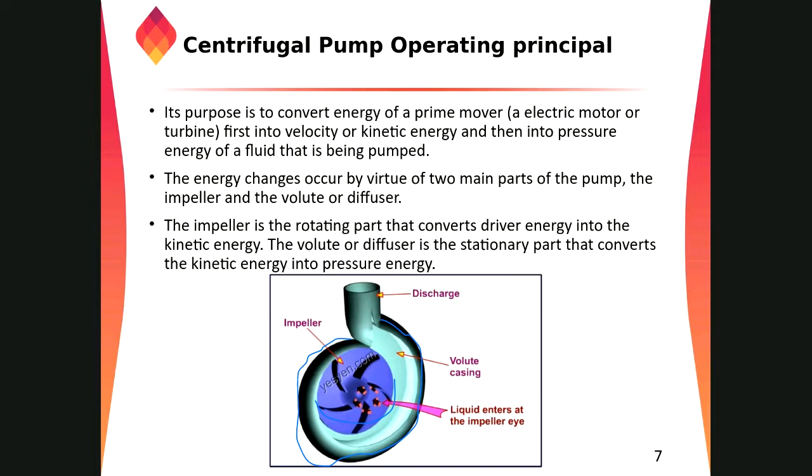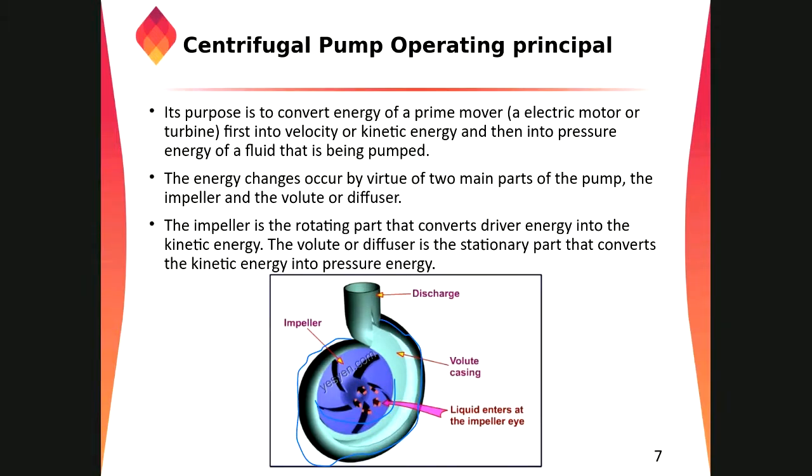Those drivers give energy to the impeller, and the impeller rotates at high speed, sucking water at the eye. That water at high velocity, or kinetic energy, while going to the top of the pump at the discharge, almost all the kinetic energy changes to pressure at the discharge, right?